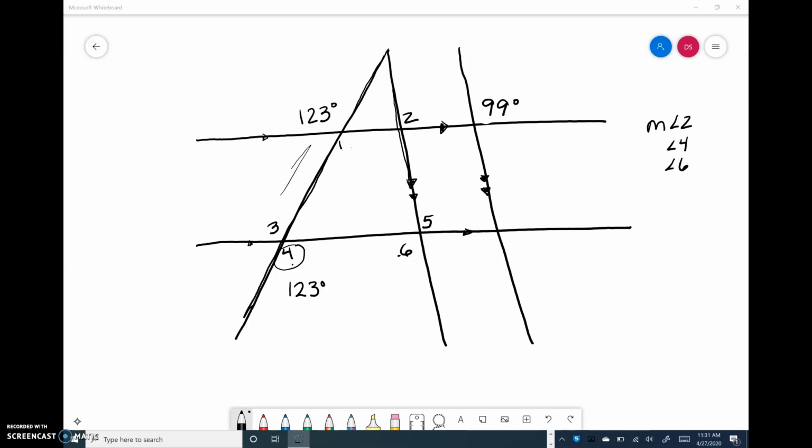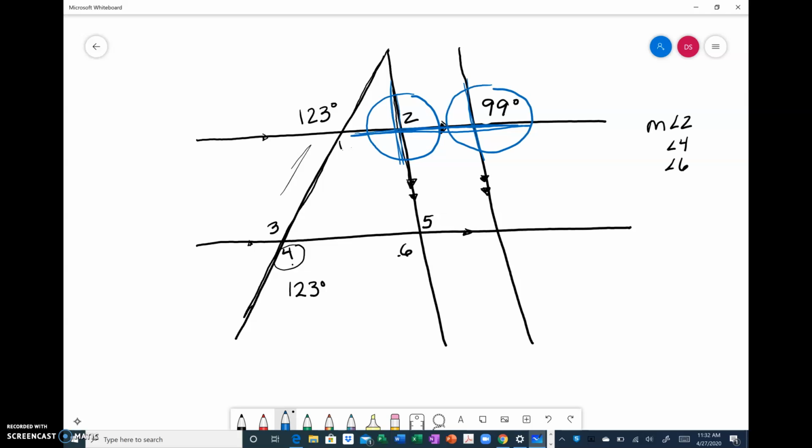Now, all right, I am going to change colors. This is where it gets confusing. I don't know how else to do this, so I'm going to use a different color to try to show you this. This line right here is intersecting two parallel lines, okay? This one and this one. And that means that this intersection, these four angles, have corresponding angles in this intersection, okay?